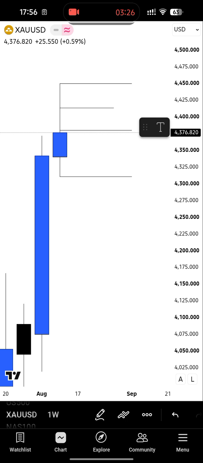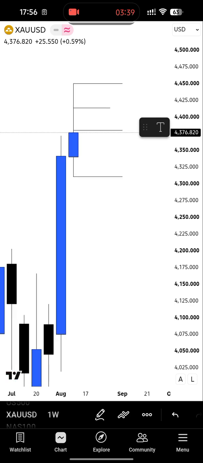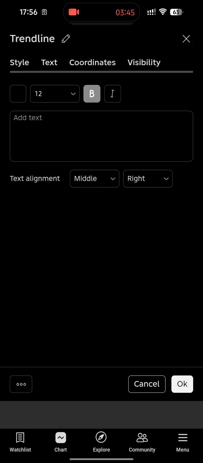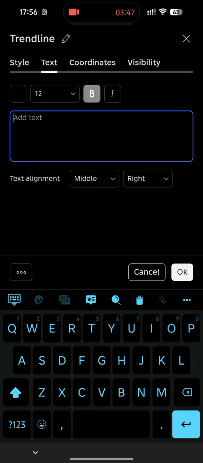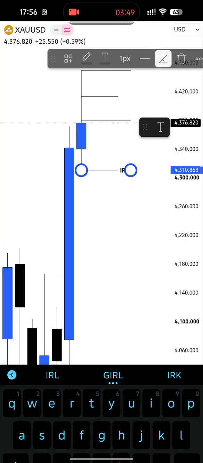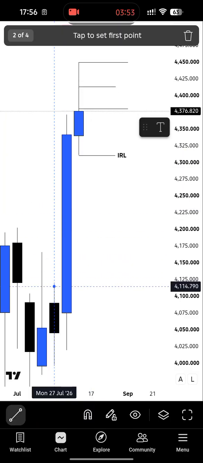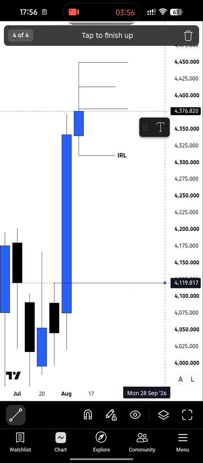So I'll be watching price when it reacts from this weekly internal range liquidity, which will push price towards 45.20 to around 45.40, if the internal range liquidity is valid. So one, price has already tapped the weekly internal range liquidity. Yes, well and good. The second thing also, price has dropped down here into the weekly internal range liquidity.